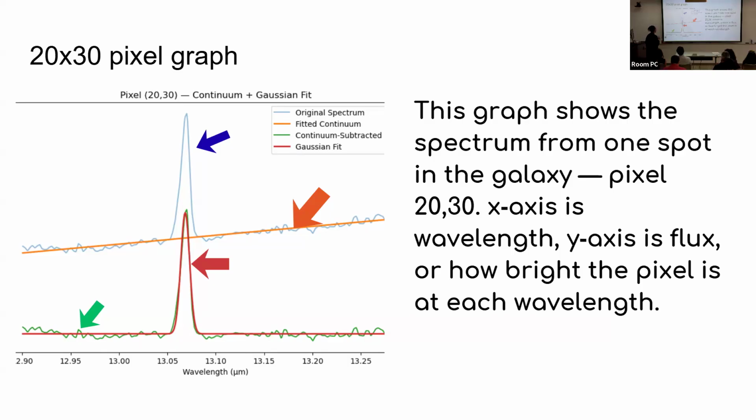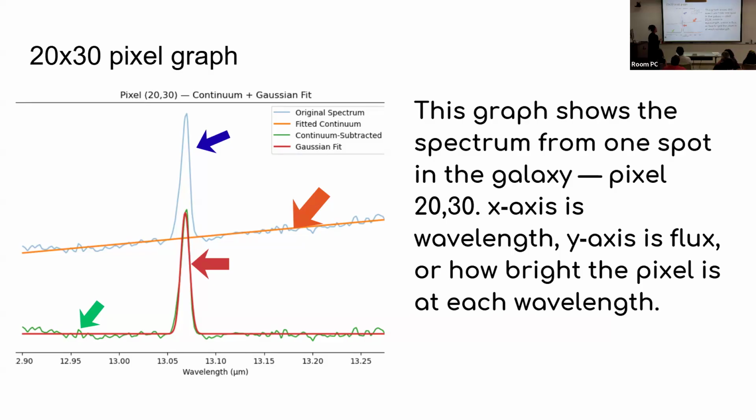The green line is the continuum-subtracted spectrum, which shows us the pure emission line, and the red line is the Gaussian curve, which shows the amplitude, the center, and the width.